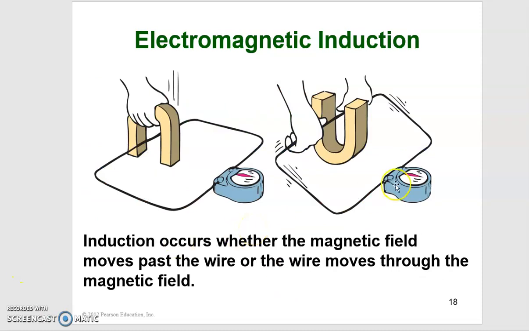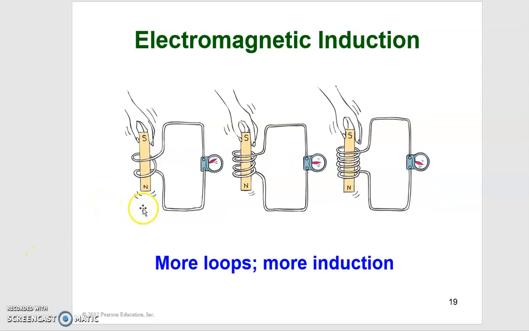This kind of induction happens no matter what kind of structure. It is intrinsically related to the things we have studied before. For example, if you have two loops of coil and you insert the bar magnet, you will produce an induced current and a voltage difference.